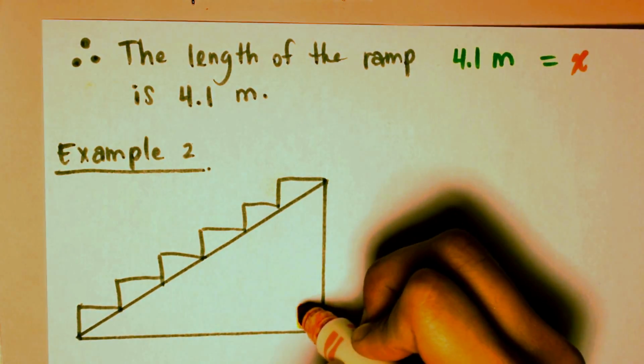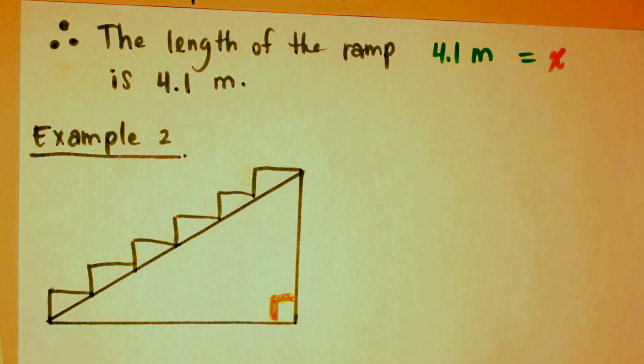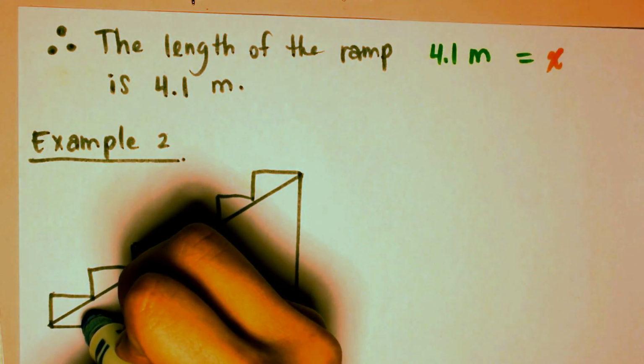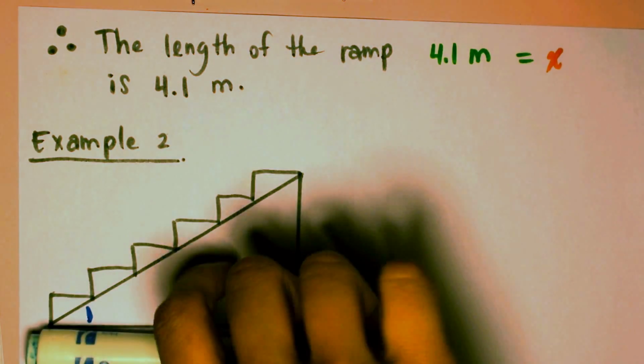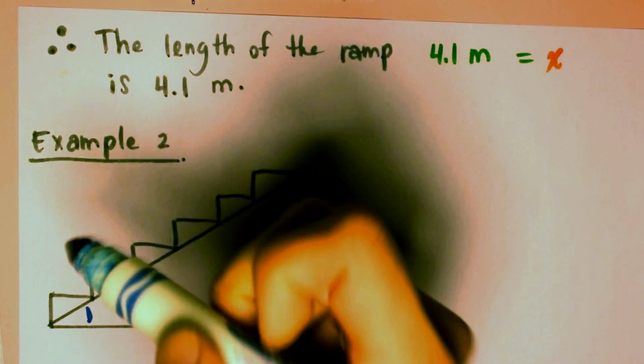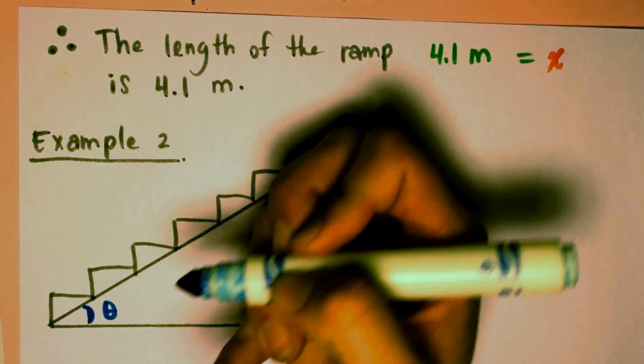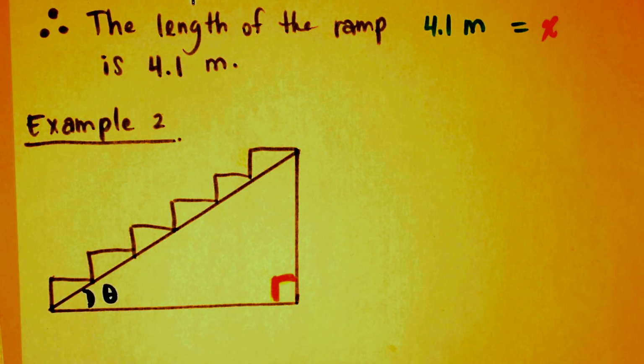Again, 90 degrees. And let's say, again, we're looking for the angle of elevation. Angle of elevation just means that you're starting off from this line here and you're going up. So we're looking for this angle here.